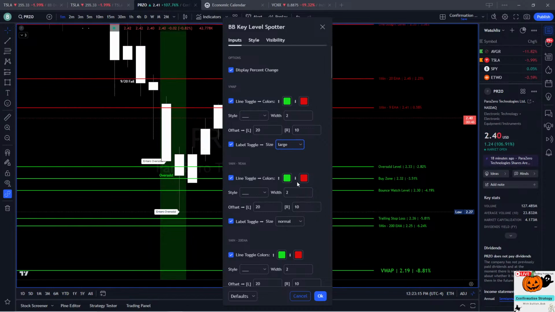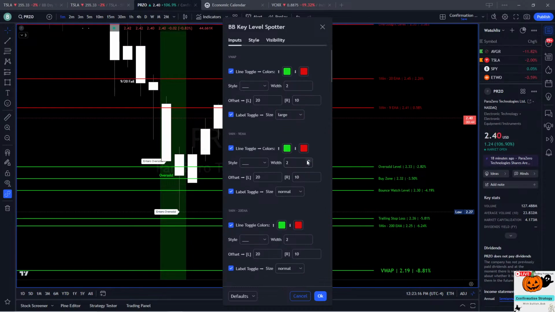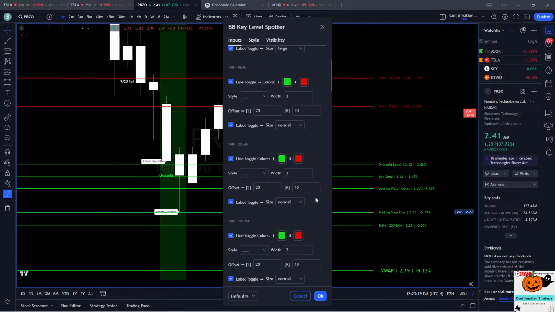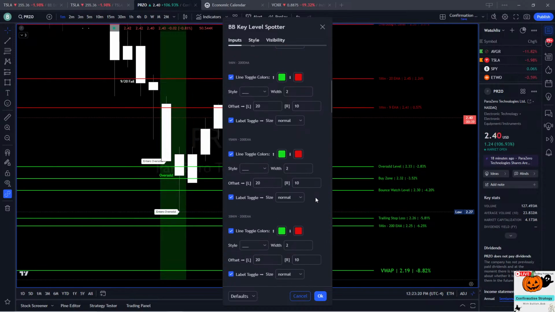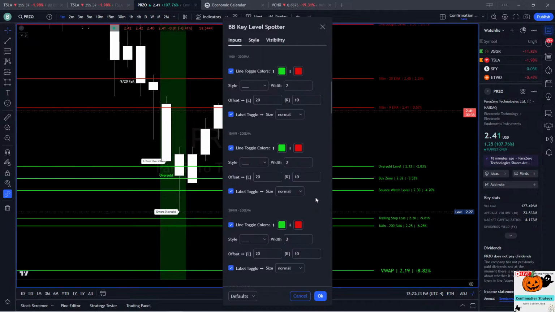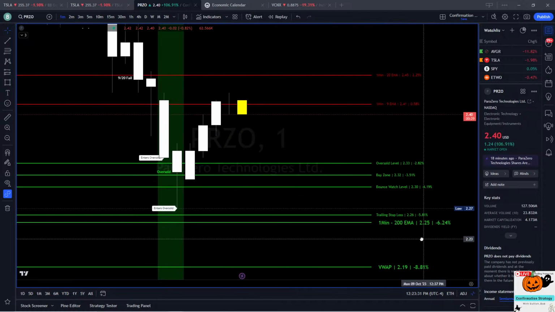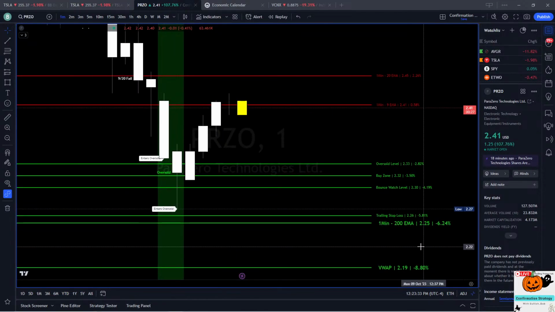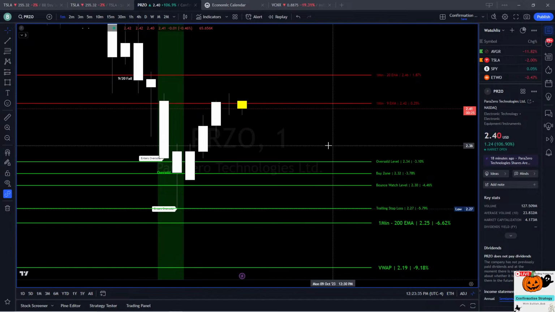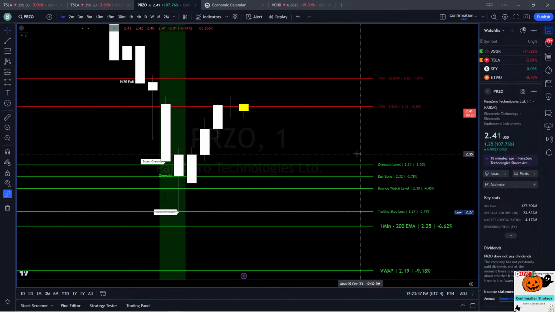So that's the VWAP large. We'll do the 200 EMA large as well. You can make them whatever size you want. Large on this one as well, and hit OK. Now you can see the 200 EMA is a little bit larger there, and adjusting the percentage from it, so we can see that pretty clear.